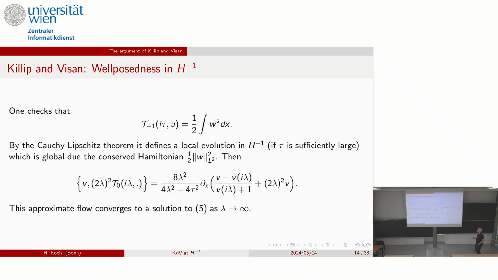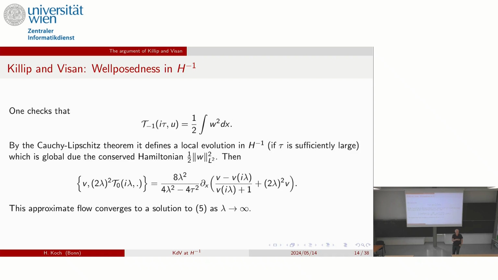It's not hard to check that this T minus 1, should be KdV there, can be expressed in terms of the W. So that's the L2 norm of W squared up to a factor 1/2. So this is somewhat interesting because the map from U to W gains you one derivative. So if you look at the variational derivative of that, this gains derivatives.